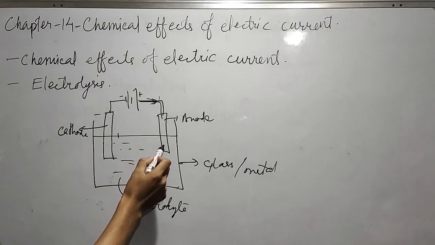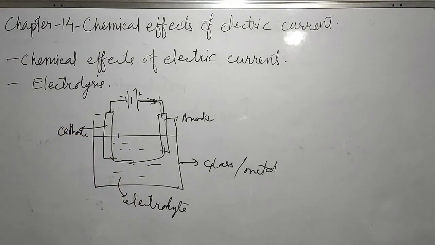When the electric current passes through the electrolyte, the molecules of the electrolyte get broken apart into ions. Whatever molecules are present in this electrolyte, because of the passage of the electric current, will break into ions. The ions are called the cation and the anion.